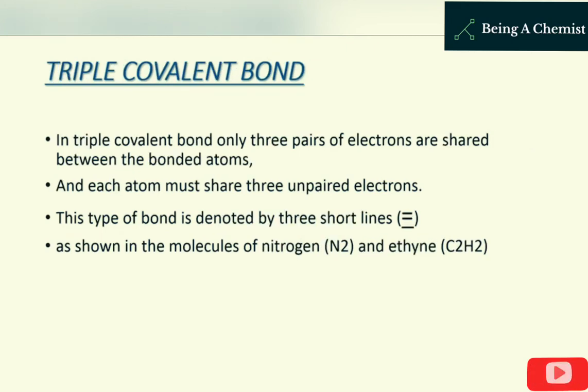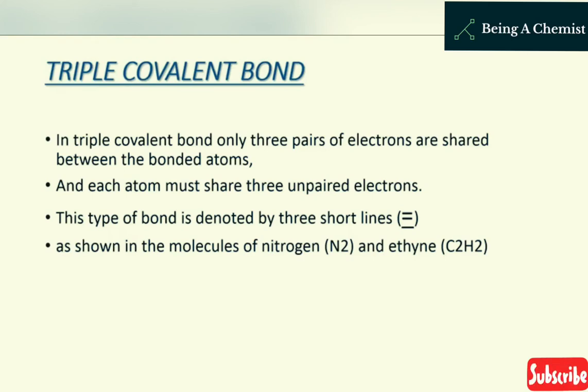Triple covalent bond is the third type of covalent bond. In triple covalent bond, 3 pairs of electrons are shared between the bonded atoms, and each atom must share 3 unpaired electrons. This type of bond is denoted by 3 short lines.